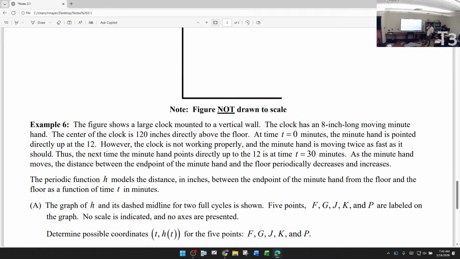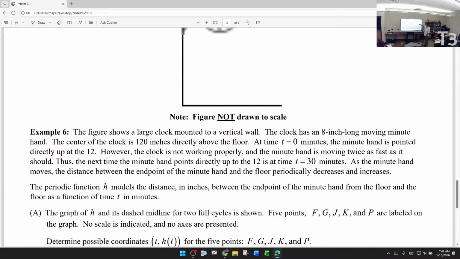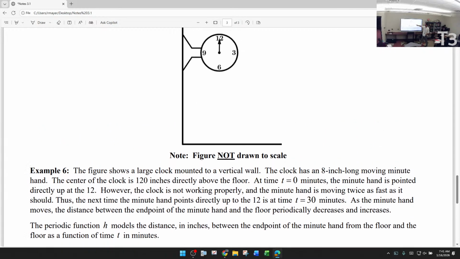As the minute hand moves, the distance between the end point of the minute hand and the floor periodically decreases and increases. The center is 120 from the floor. Did it tell me how big the minute hand was?